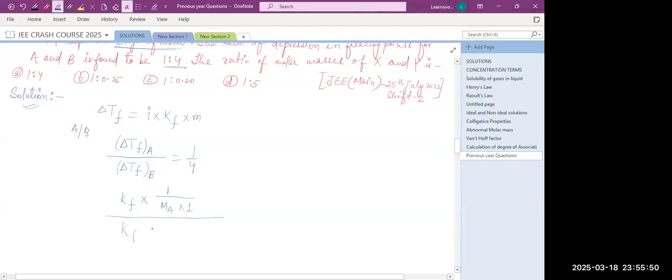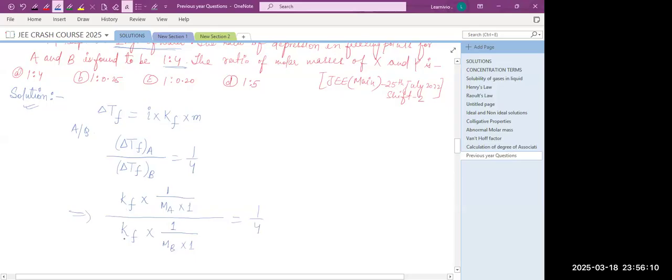It will be KF into 1, the given mass of solute, upon MB into 1 kg of solvent, which equals 1 upon 4.